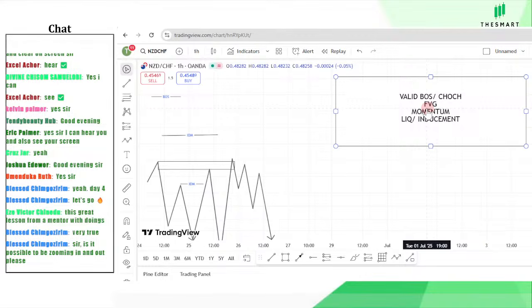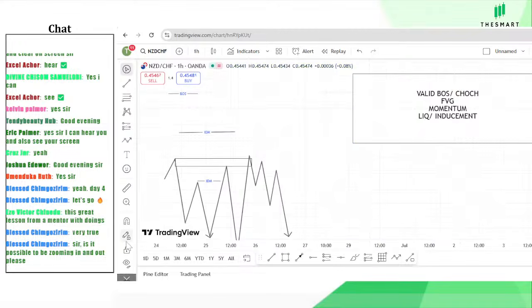We need a fair value gap. We want to see momentum, then liquidity and inducement. Then to add a plus, structural direction or directional bias. Very, very important.